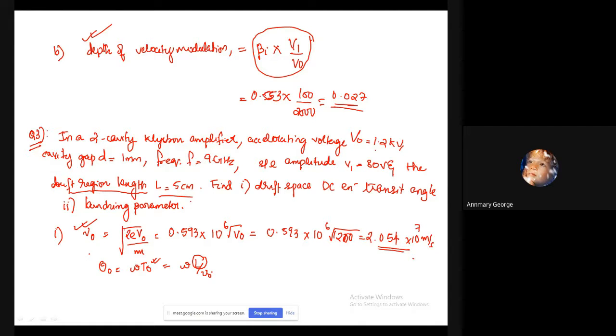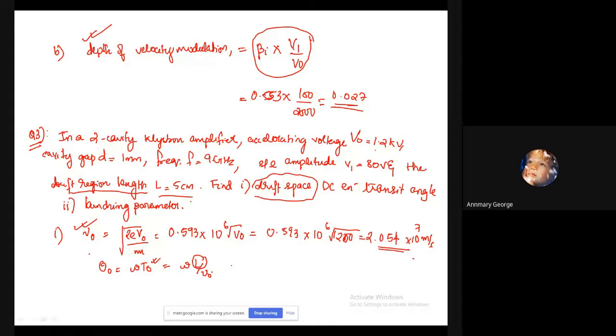We have to find the angle of the drift space. So theta 0 equals omega t0 equals omega L by V0.